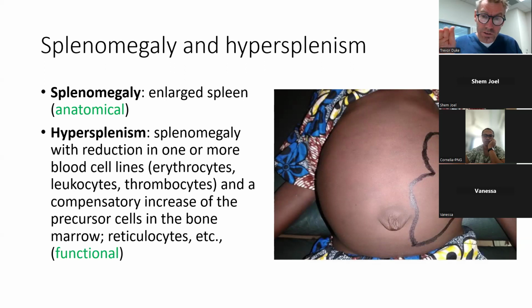So either there's anemia, leukopenia, or thrombocytopenia. One of those, usually thrombocytopenia. That's very common in hypersplenism. And because of that, the bone marrow is increasing its production of red cells or platelets. And so you get the precursors of those cells in the blood.